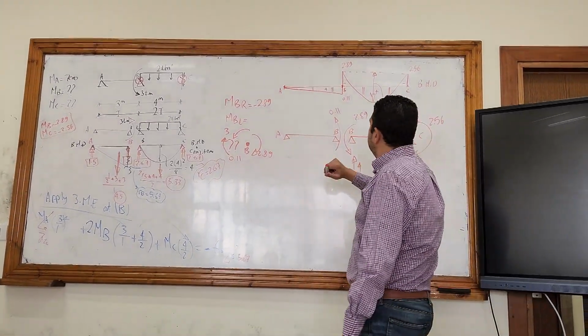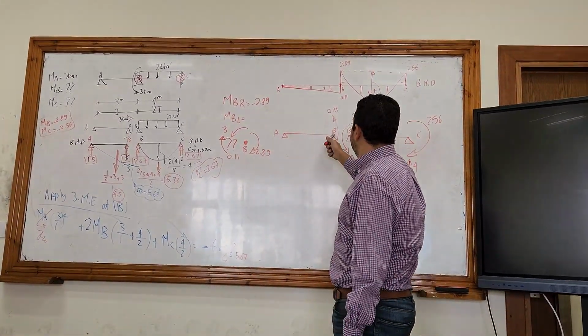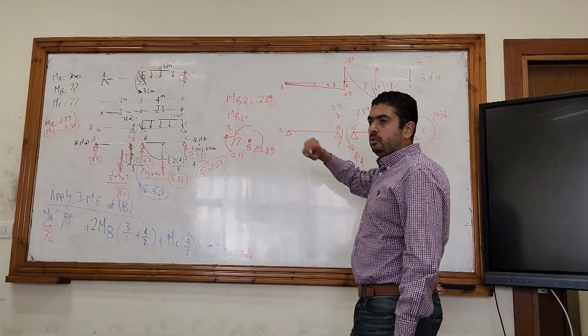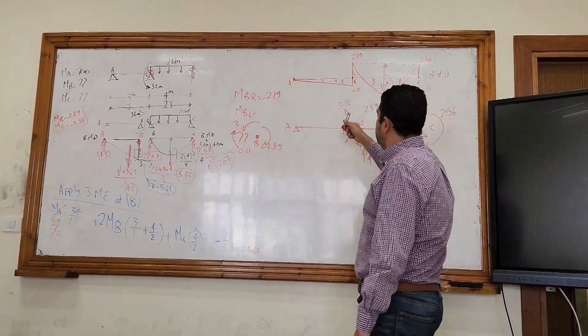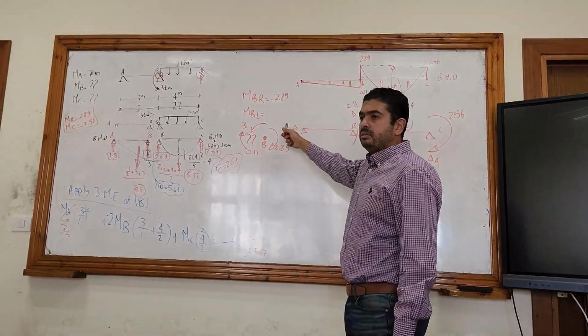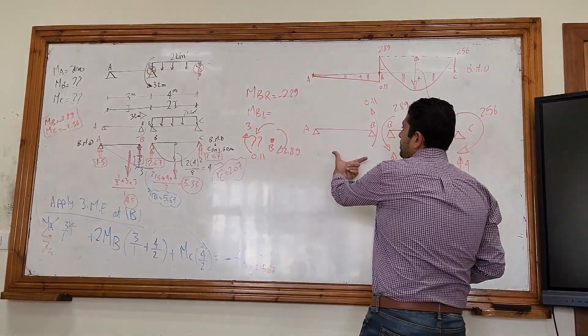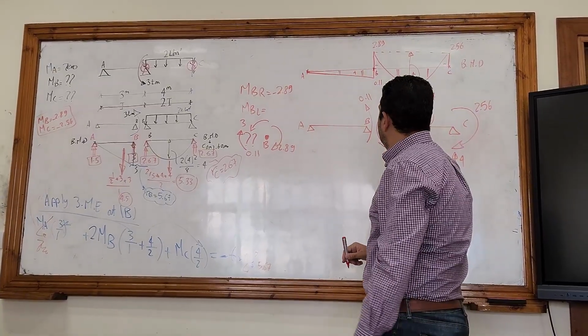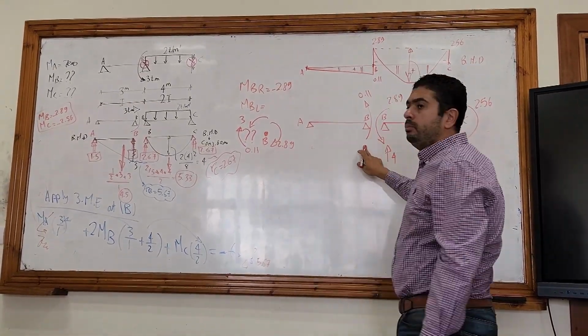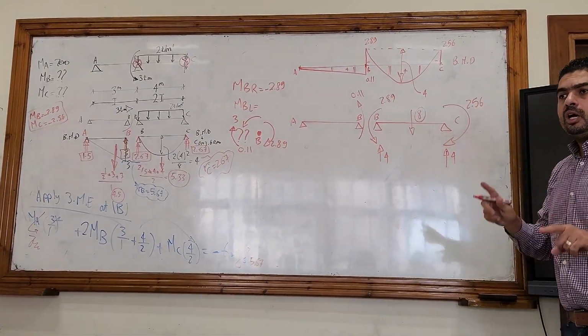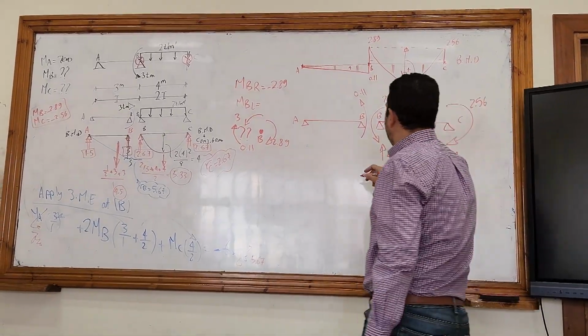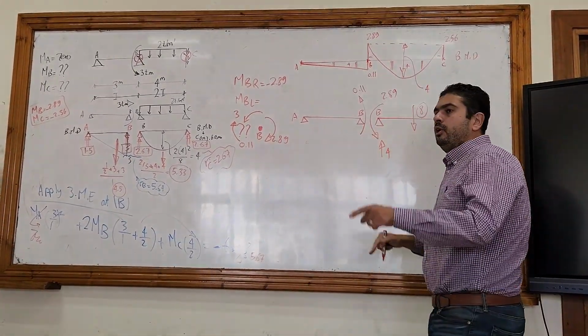Let's start with the easy one. The difference in the moments here is 0.11 and there is 0. So the difference in the moments is 0.11 minus 0 divided by the span, which is 3 meters. So there will be 2 forces making a couple in the opposite direction of the moment.